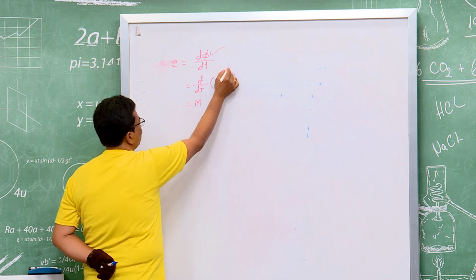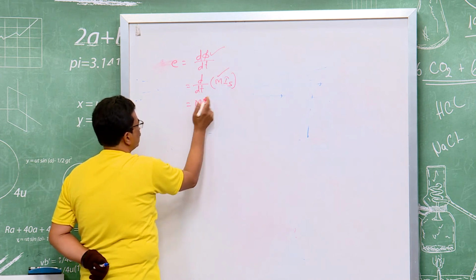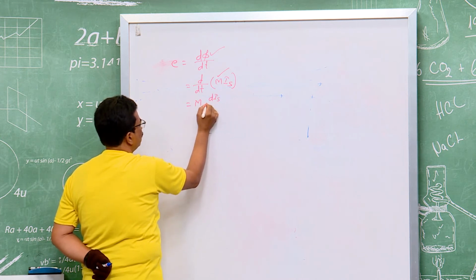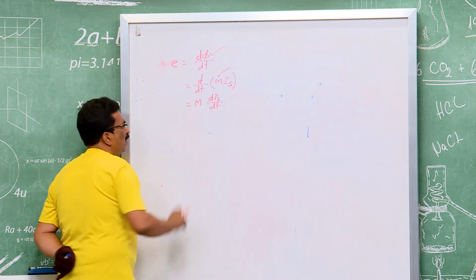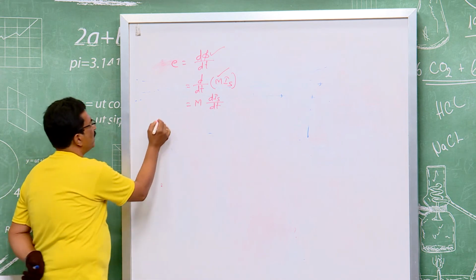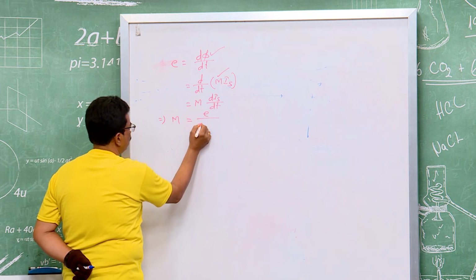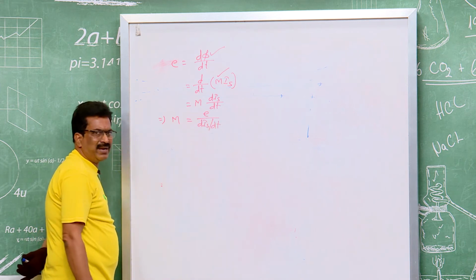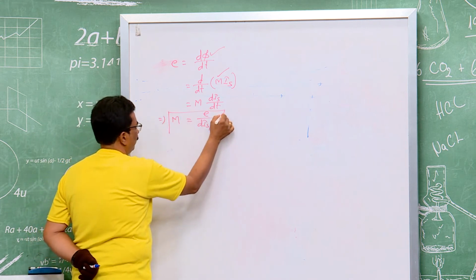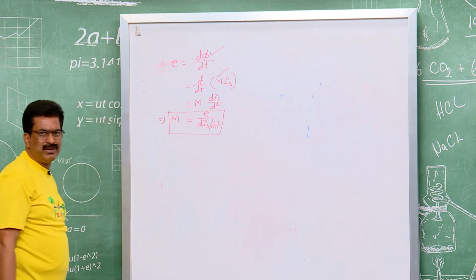M is the coefficient of mutual induction, that is a constant and comes out, then that is equal to M dIs by dt. If this is dIs by dt, then M is equal to E by dIs by dt. This is for the mutual case.